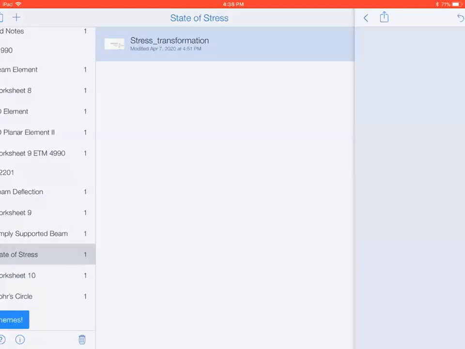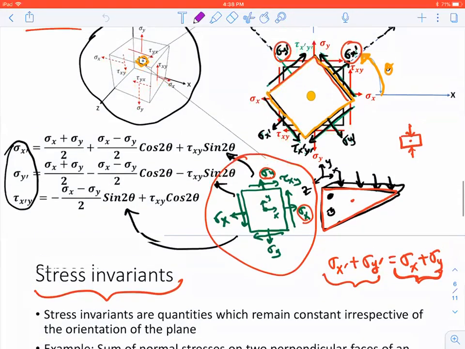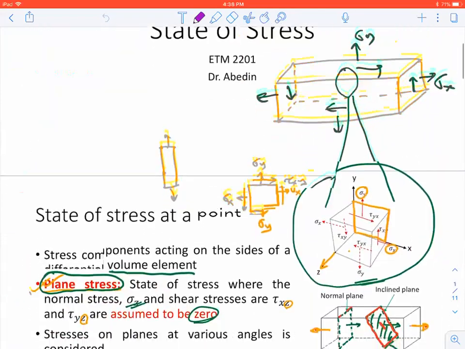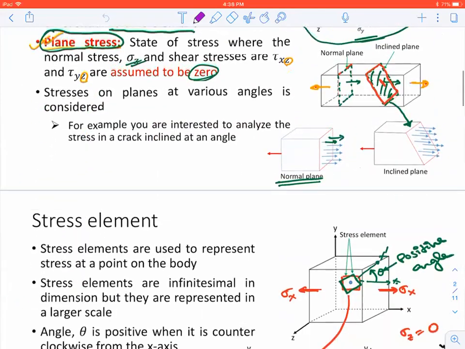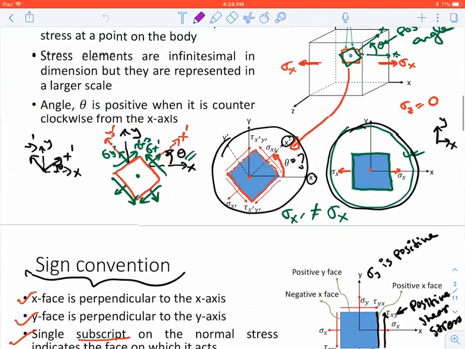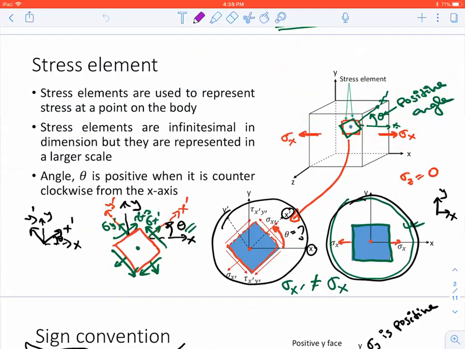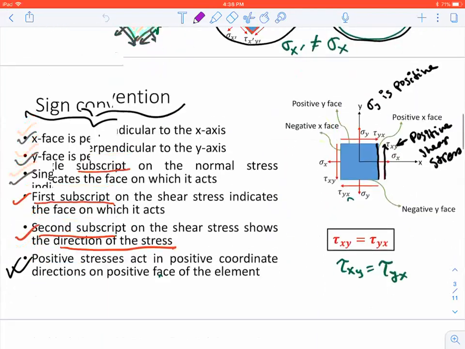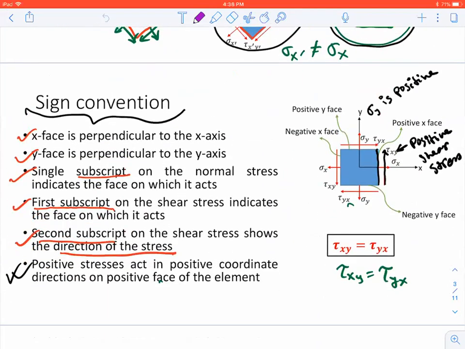If you recall last class, we started talking about state of stress. You can take a small stress element from a body and express the stresses acting on it. We looked at sign convention here.